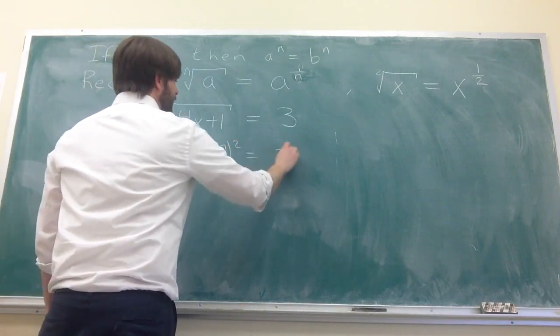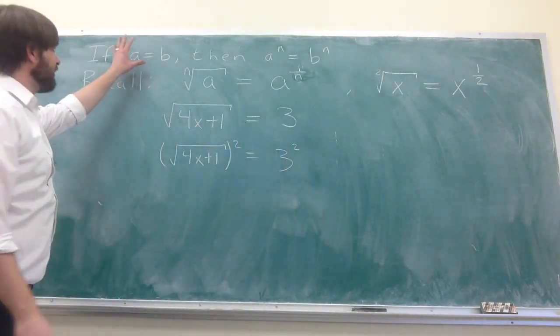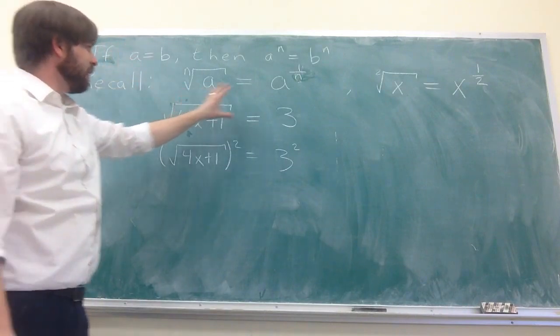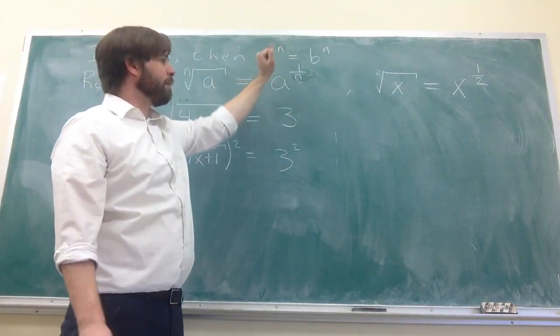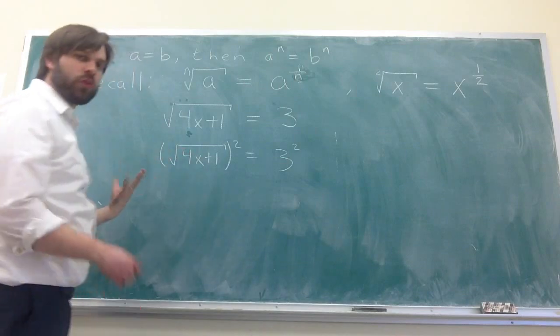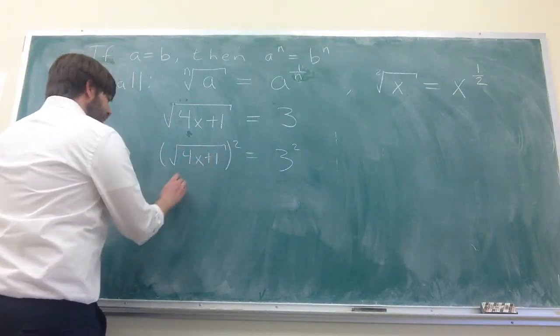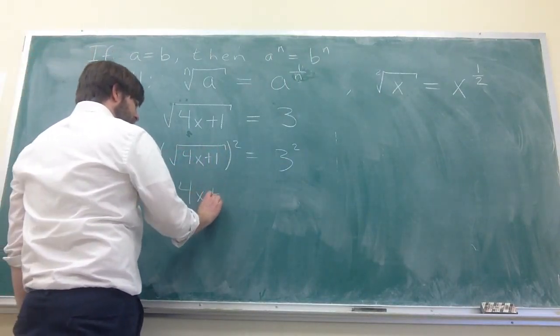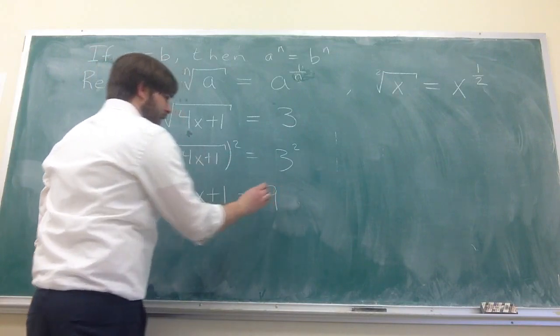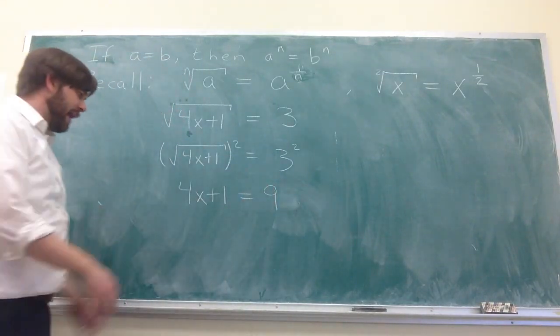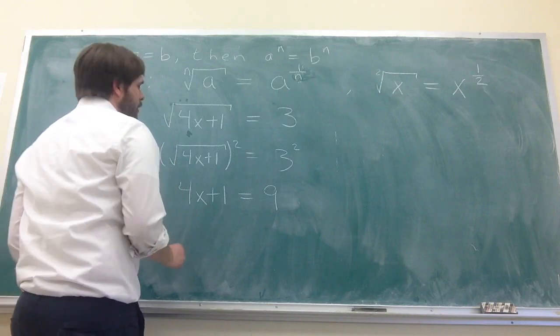This follows the principle up here: if a equals b, then a to some power equals b to some power. So we're just squaring both sides. On the left, we get some cancellation, and on the right, we get a number, 9. Now this has turned into a linear equation.